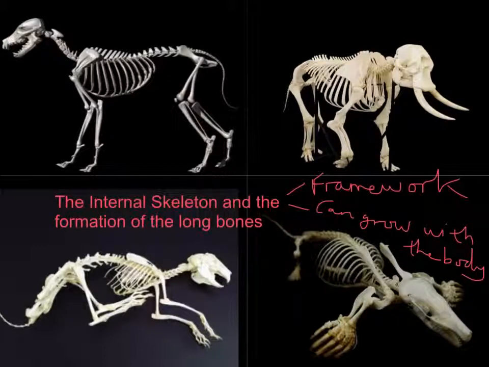But more than that, if you look at your own skeleton, you wouldn't be able to see, but we have tendons that join muscle to bone and ligaments joining bone to bone. So it's very easy to attach muscles to the bones when inside.